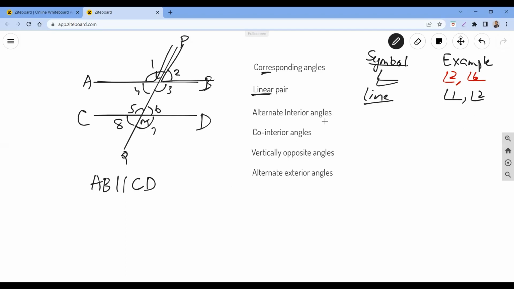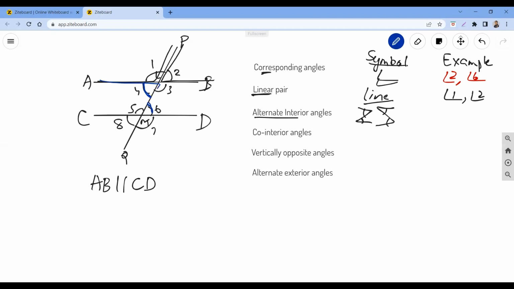Now, alternate interior angles. Whenever I say alternate interior angle, the symbol that you should remember is a Z. Z, this way or this way, and the angles inside the Z are the alternate interior angles. So what I can say here is angle 4 and angle 6.